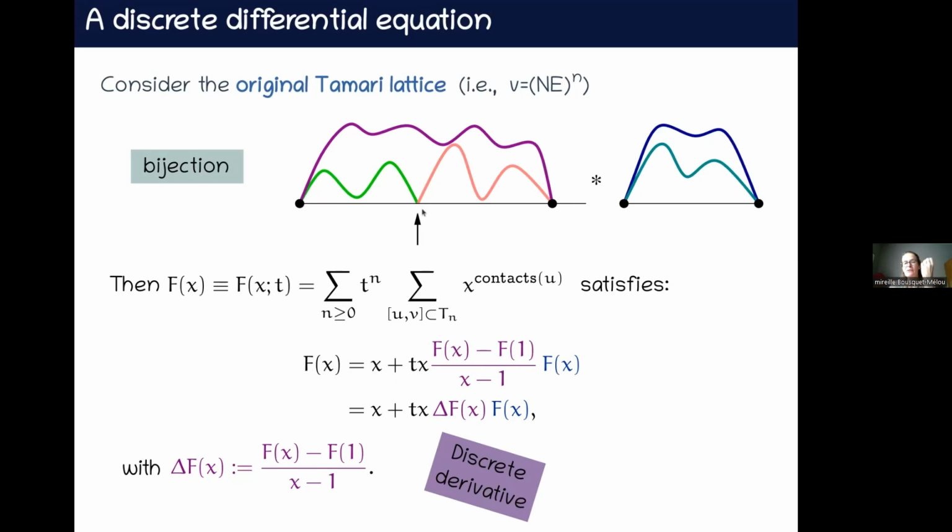And here the fact of choosing a contact and lifting back the green part is encoded by what I call a discrete derivative or a divided difference, (F(x) minus F(1)) over (x minus 1). So this is what I call delta F, like a derivative. And this kind of equation, you find them all over the place if you count planar maps.